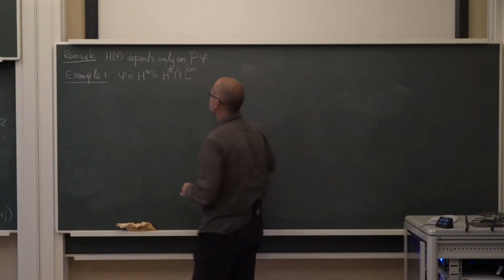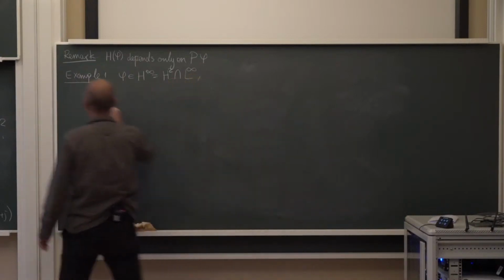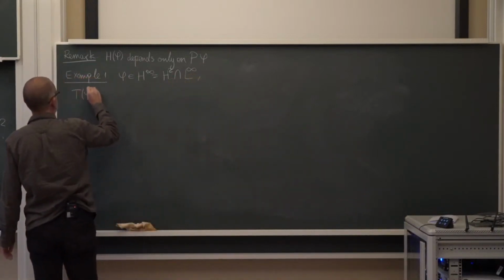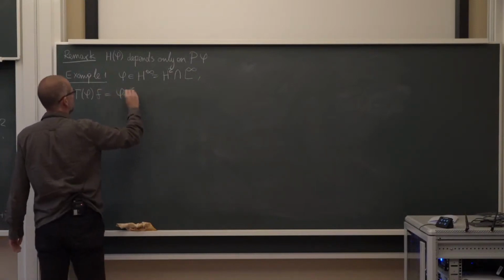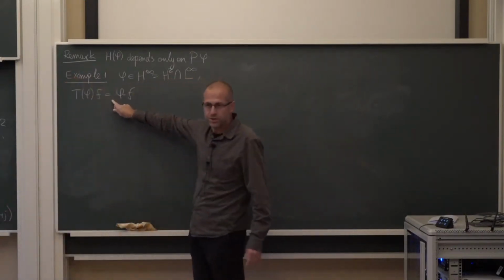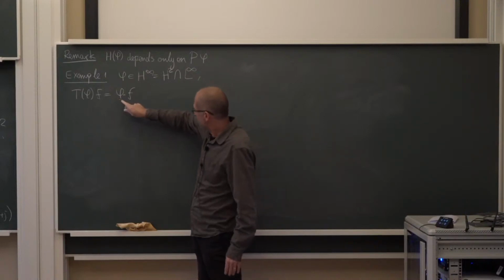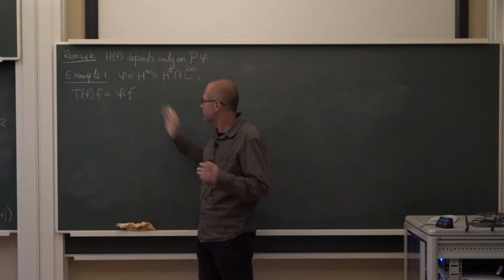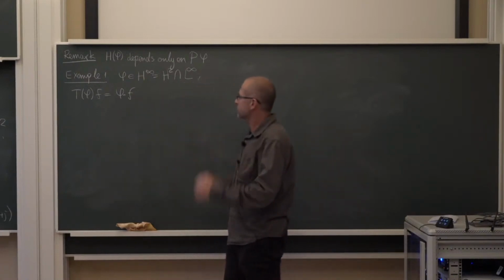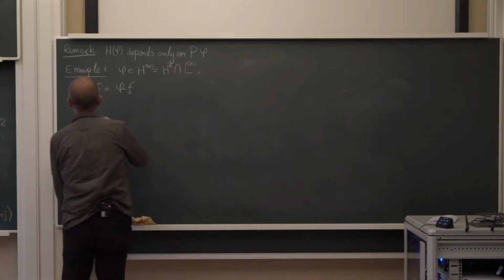In this case, the Toeplitz operator is just multiplication, because I don't need to put the projection here, right? If I multiply two analytic functions, again I get an analytic function, so we don't need the projection. So it's really a multiplication operator.